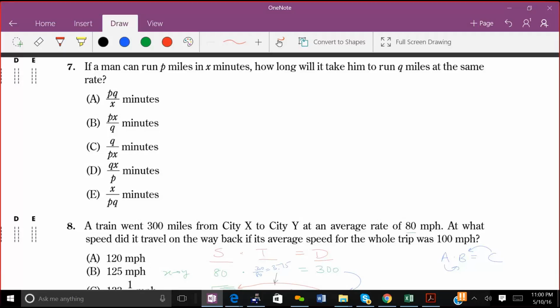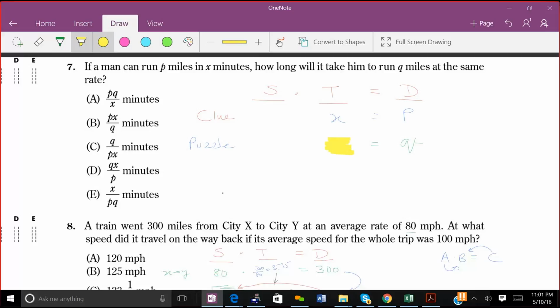Well, it's not B. The reason is here. Speed times time equals the distance, right? So the clue here is, he goes P miles in X minutes. So P and X, these are given. And the puzzle is, we go Q miles, and we need to find out how many minutes.